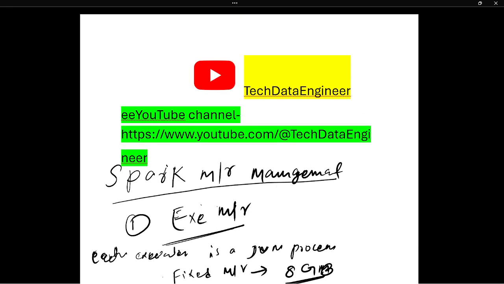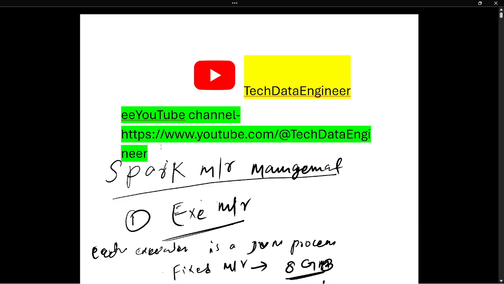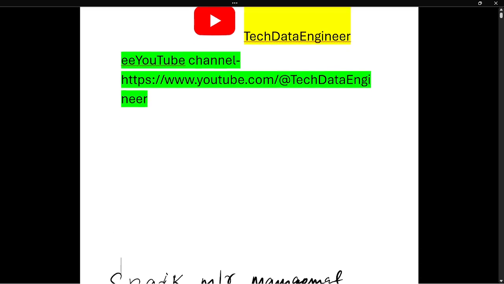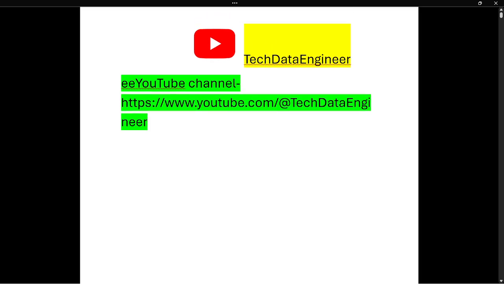If you want to summarize, we can think like this: we have executor memory, suppose 8 GB.